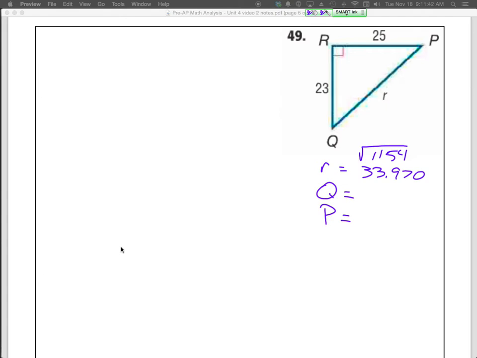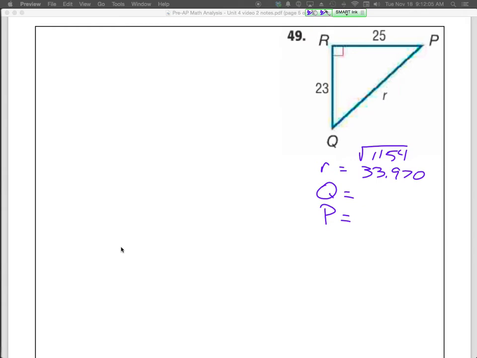Opposite side and hypotenuse. I don't have the hypotenuse. Well, we want to find it. I've already got the hypotenuse. I'm looking for an angle. And if I'm looking for an angle, I've got to have two sides to deal with. So I've got the opposite side. What other side do I have? The adjacent. So I know I've got the opposite and adjacent, which tells me to deal with what trig function?